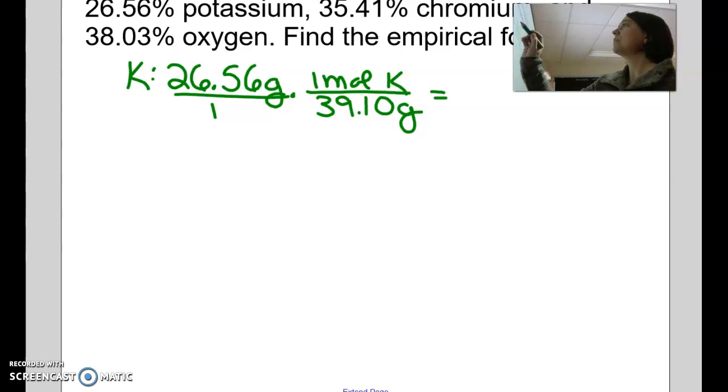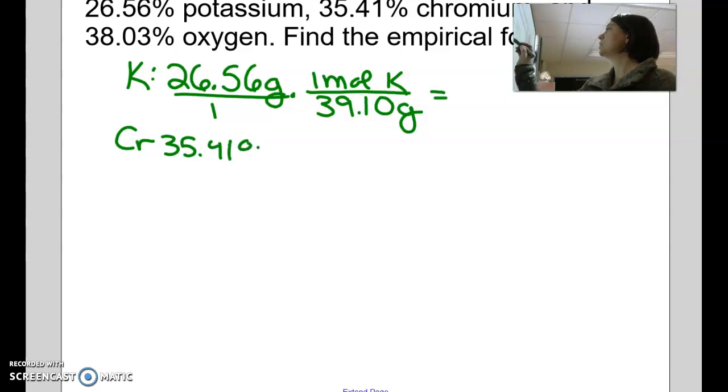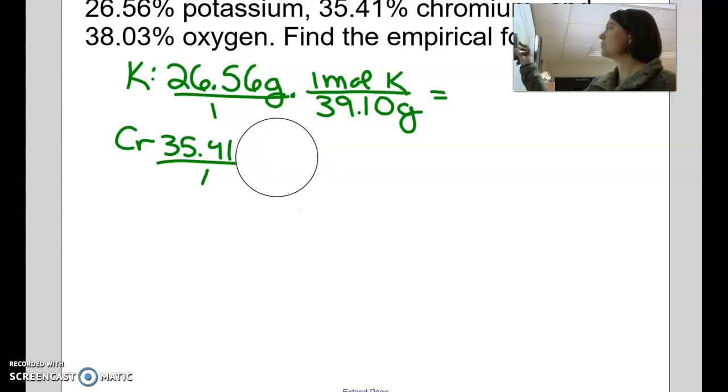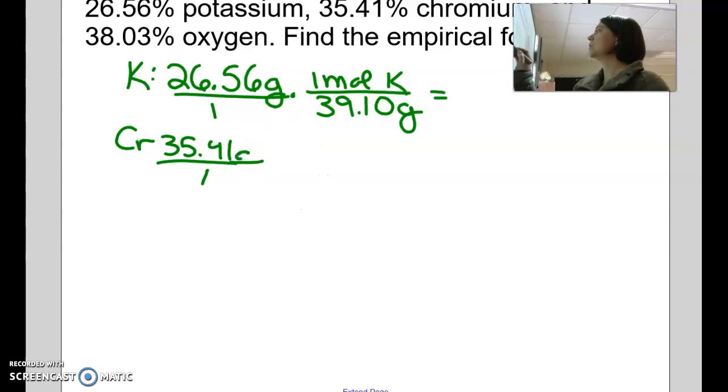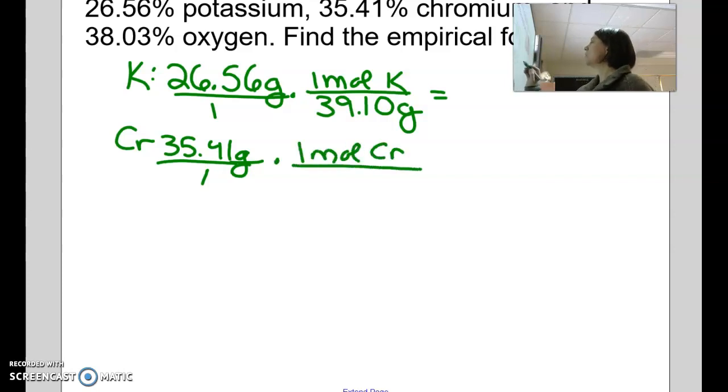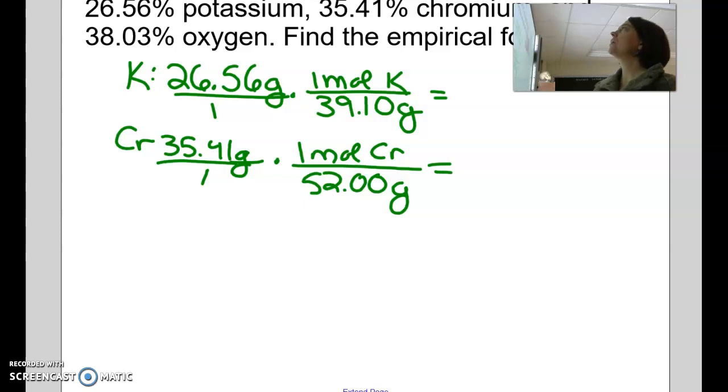Then we have chromium, 35.41% over 1. Oops, forgot to do that part, not percent. We're supposed to turn the percent into grams. Times 1 mole chromium over, and chromium is 51.996. So that's going to be 52.00 grams. And then our last one is oxygen.